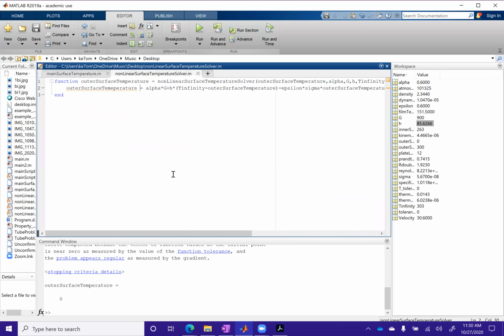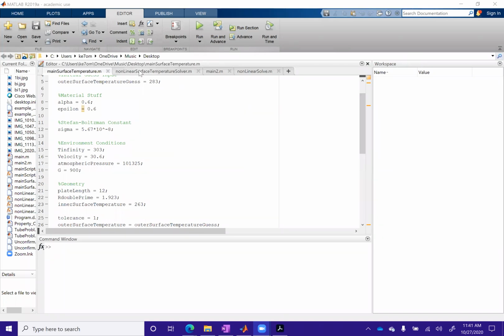Okay, so let's double check this. We've got the outer surface temperature, and we should have alpha, G, H, T infinity, epsilon, sigma, R double prime, inner surface temperature. Okay, so I'm going to pause the video and try and debug this so I don't make the video super long. Just a second.